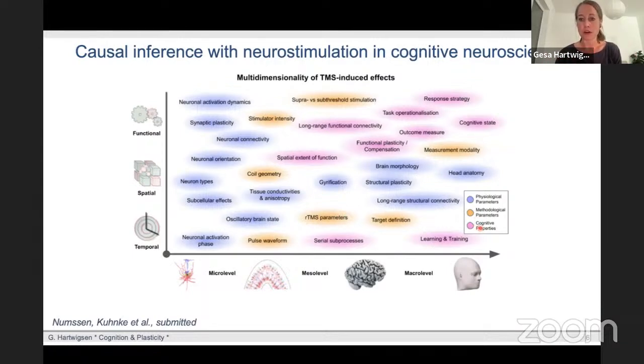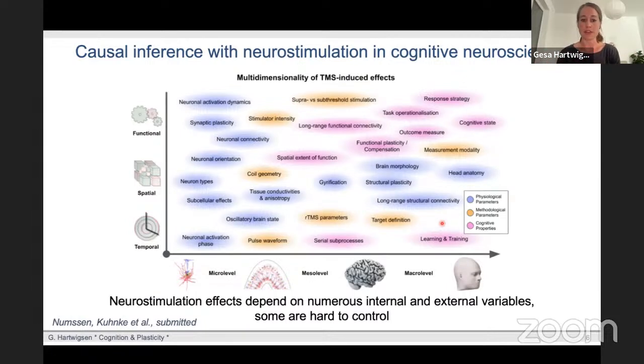And finally, the cognitive processes themselves will also interact with your outcome. For example, the cognitive state. It makes a strong difference if you stimulate subjects while they are at rest versus when they are in a task state. Then also the individual baseline level of performance. It can make a difference if you have good performers versus bad performers.